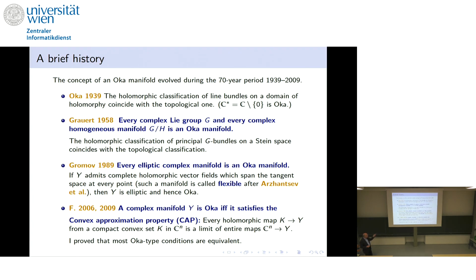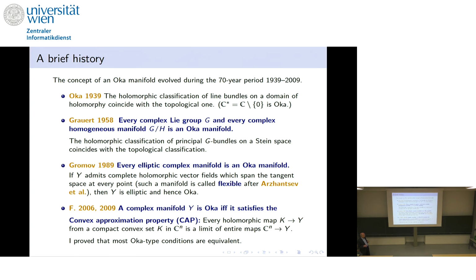But then I introduced this axiom in 2006, which I call the convex approximation property. The axiom asks that every holomorphic map from a neighborhood of an arbitrary compact convex set in any Euclidean space should be approximable by entire maps into the manifold.